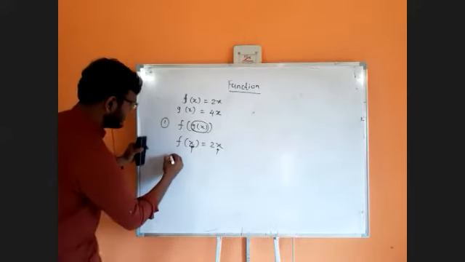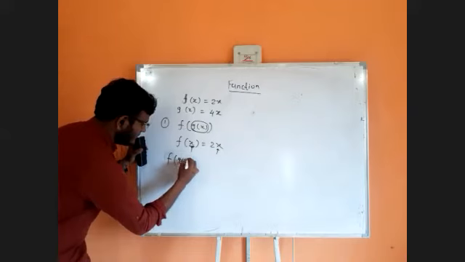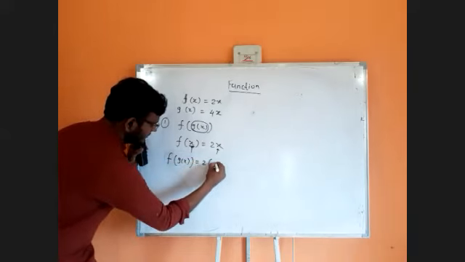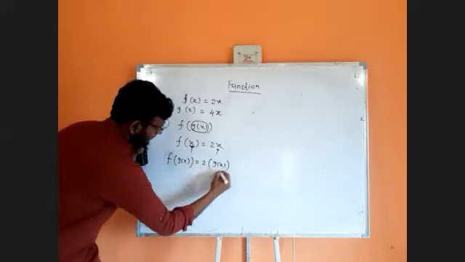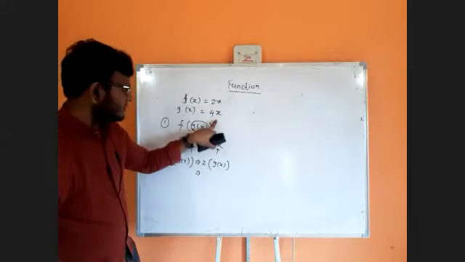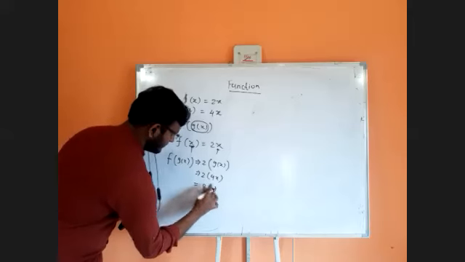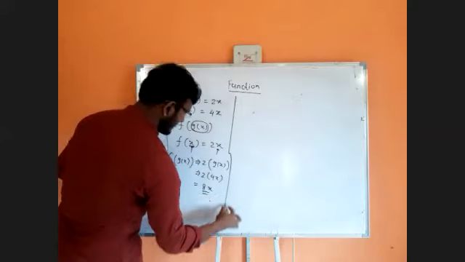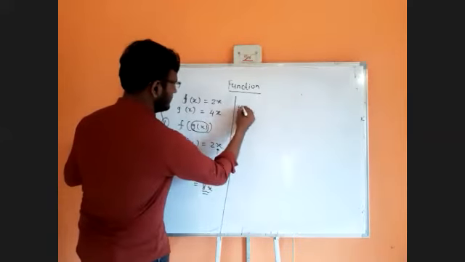So just replace x by g of x. And what is the value of g of x? g of x is 4x. So the answer is 8x. This is the first. Now let us see the opposite.